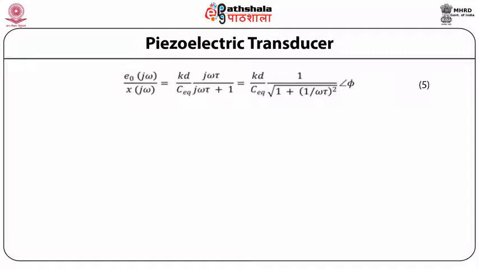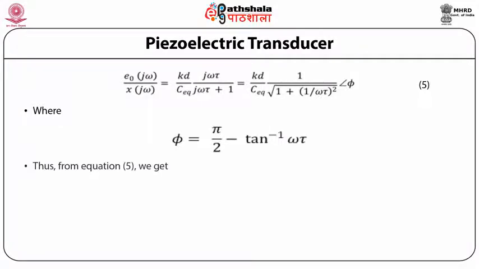This is equal to kd by C equivalent multiplied by 1 by root of 1 plus (1 by omega tau) the whole square, multiplied by angle phi, where phi is pi by 2 minus tan inverse of omega tau. So from this equation, we get E naught j omega by F equals d by C equivalent multiplied by 1 by root of 1 plus (1 by omega tau) the whole square, divided by angle phi.